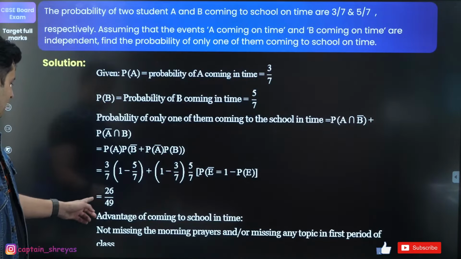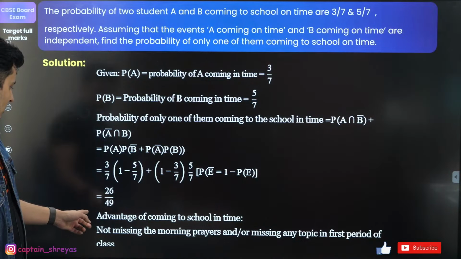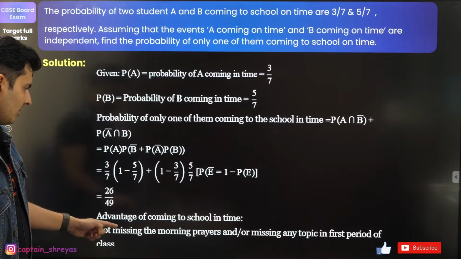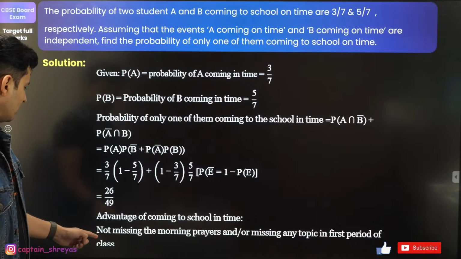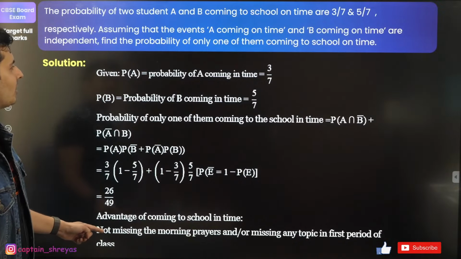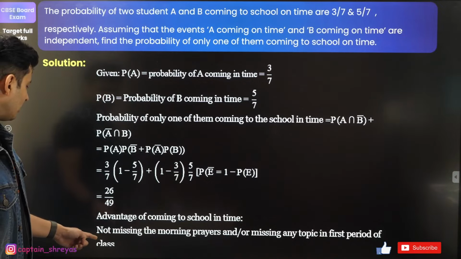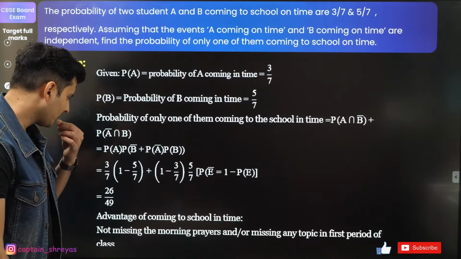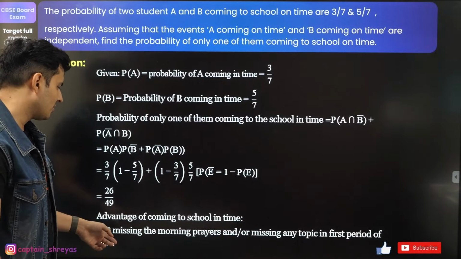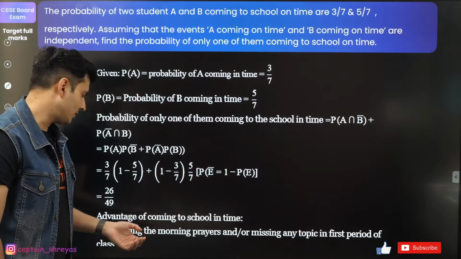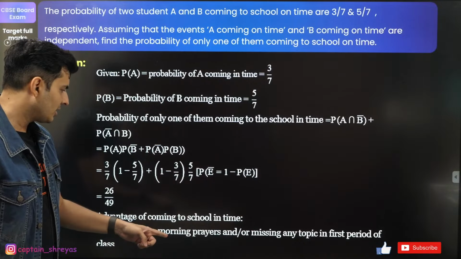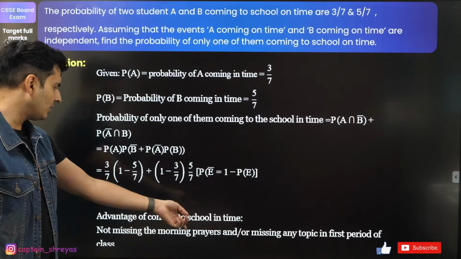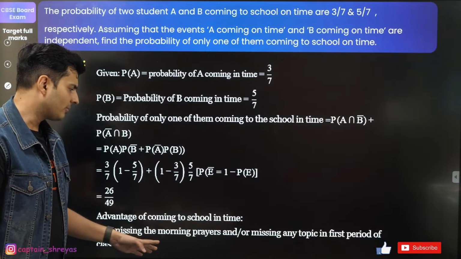Why is this given? Not missing the morning prayers. Missing any topic in the first period of the class. Guys, was there a question which we missed or what? No, right? I think the examiner, whosoever made the solution, went into moral sciences also. I think he was making 2 papers at once. Not missing the morning prayers and not missing any topic in the first period of the class is the advantage of coming to school in time.